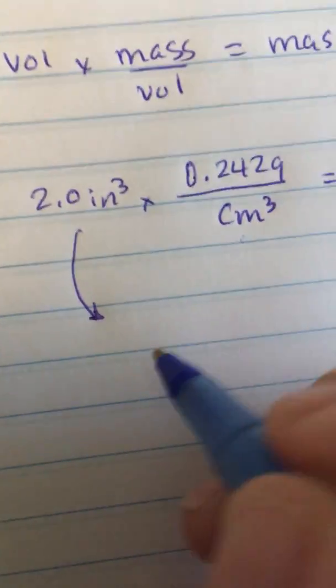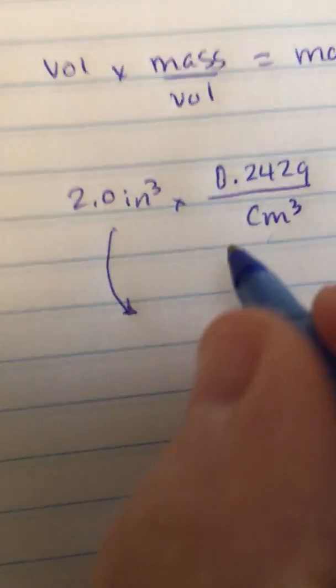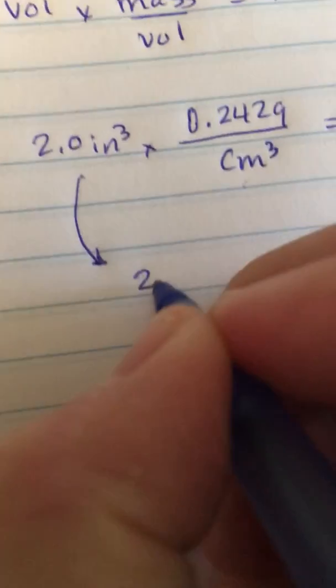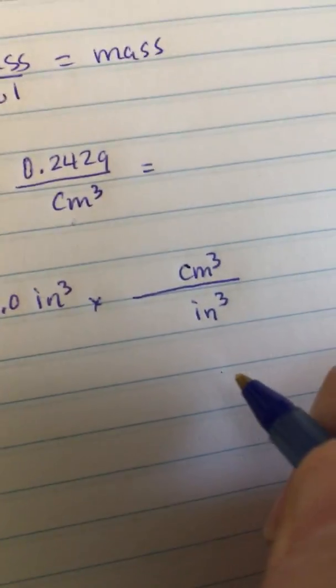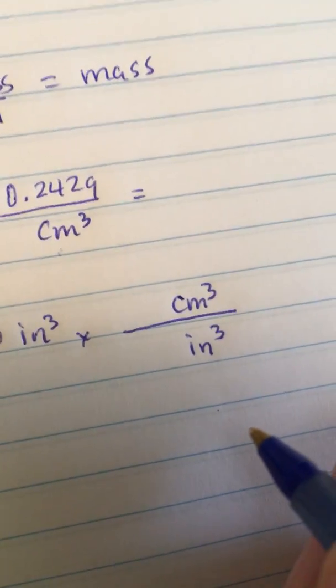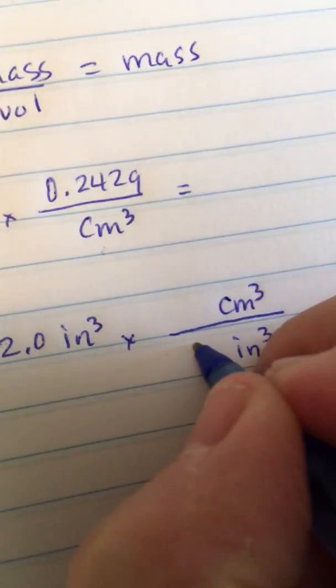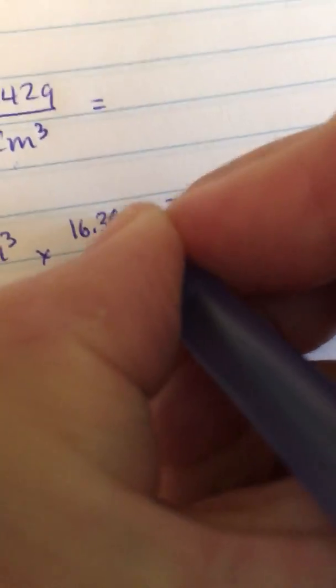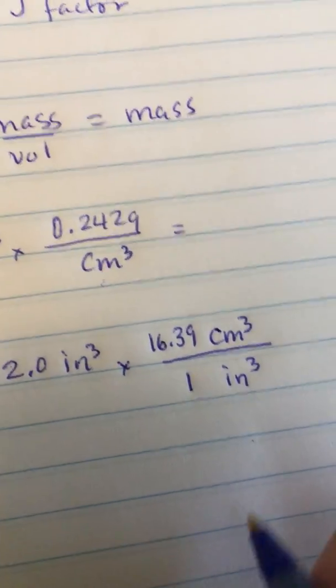So maybe off to the side, until you're good at this and can do it all in one problem, you would take those cubic inches and look for the conversion between a cubic inch and a cubic centimeter, which is also given in the problem: for every 1 cubic inch, that would relate to 16.39 cubic centimeters.